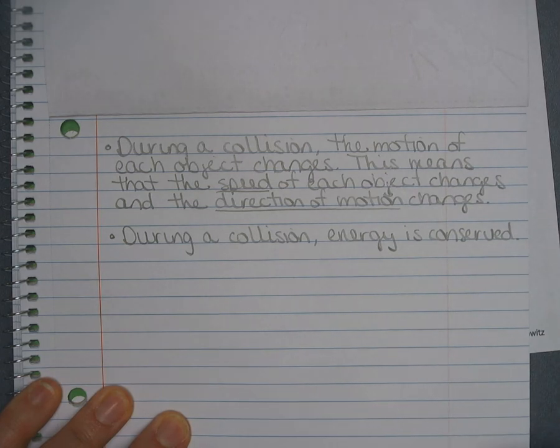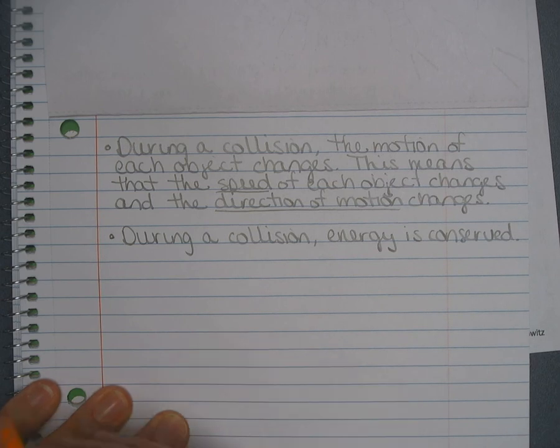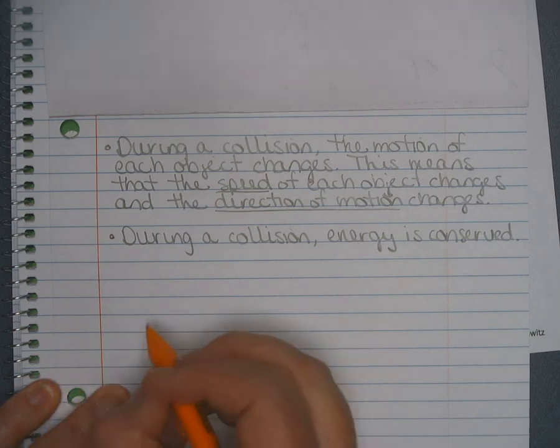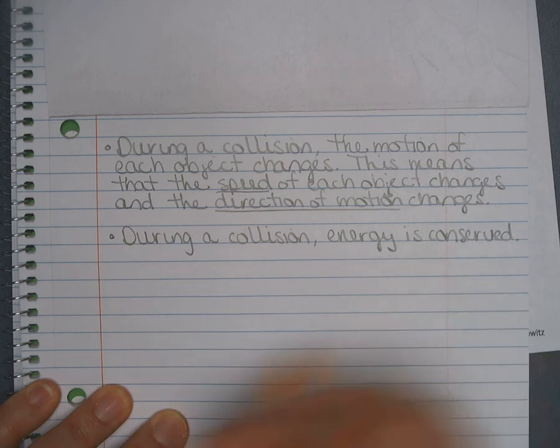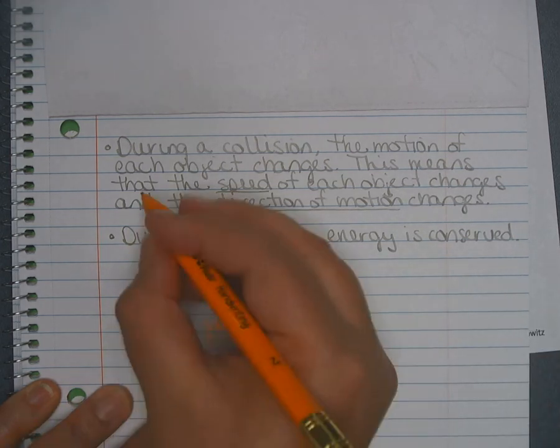What this means is that the total amount of energy that started with the initial bowling ball is going to remain the same as all the different forms of energy coming out of the bowling ball. The energy will not be created, nor will it be destroyed. It'll simply be transferred or transformed from different objects to another object. So during a collision, energy is conserved.